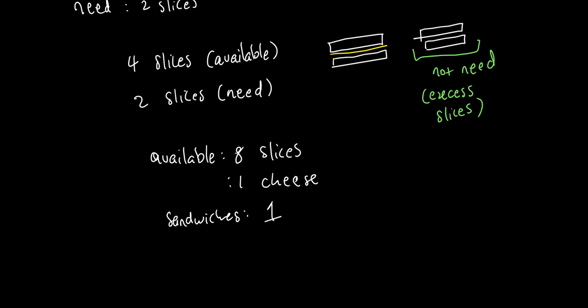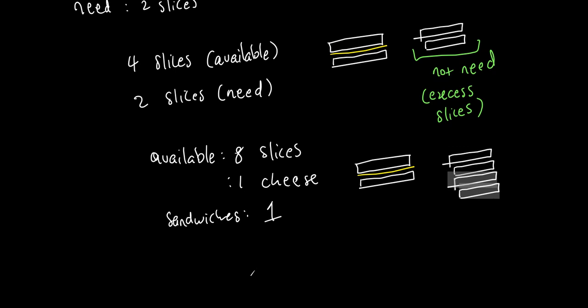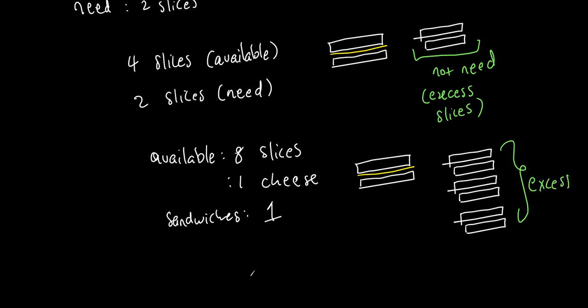You take your two slices and make your sandwich, but then the excess is going to be how many? It's going to be 2, 4, and 6. These slices are in excess, which means we do not need them. They remain after you have eaten your sandwich. They are not used. You understand?